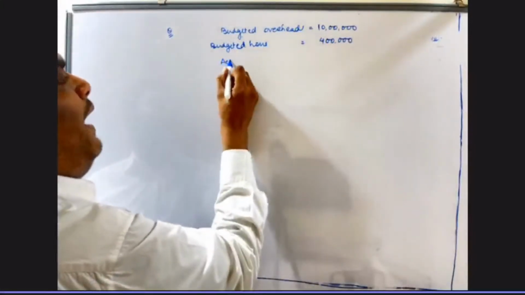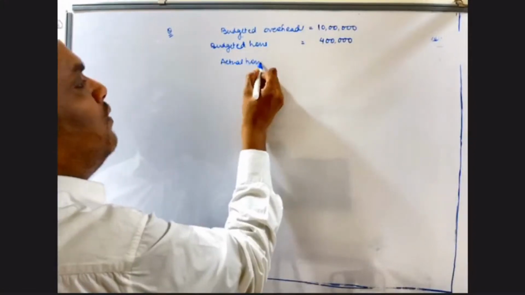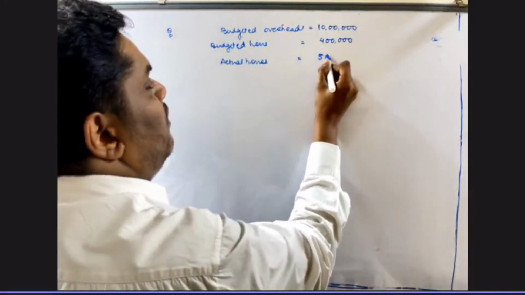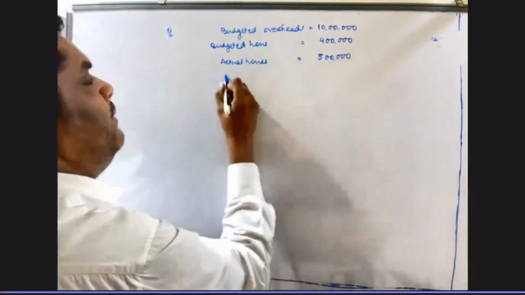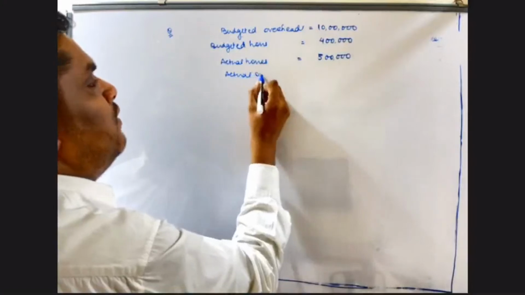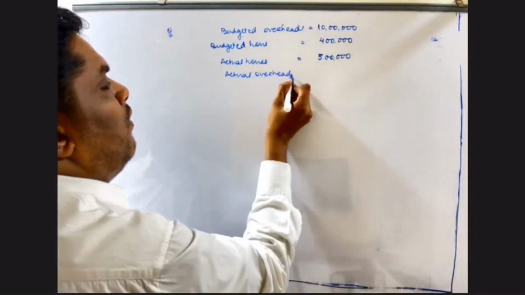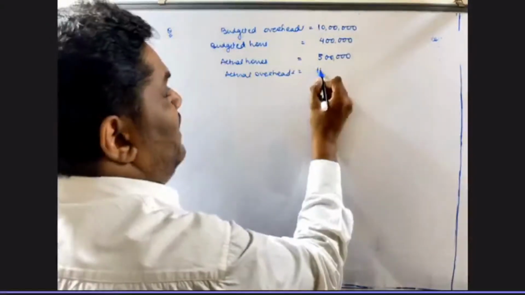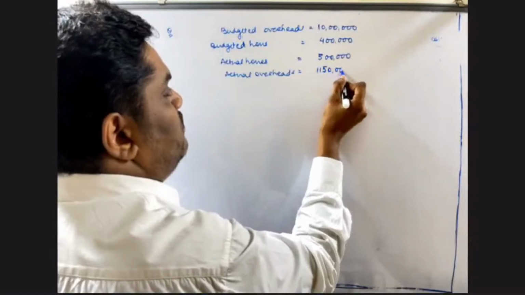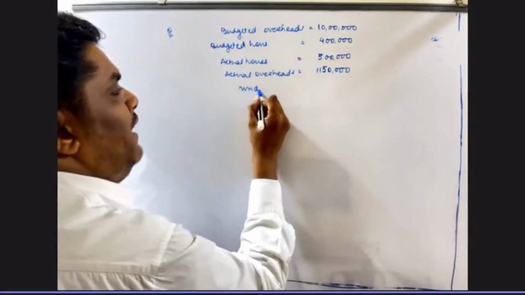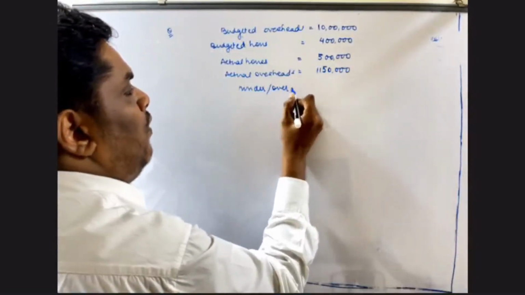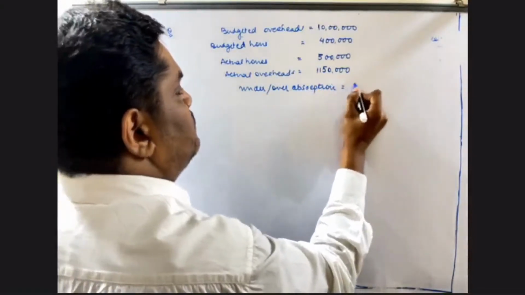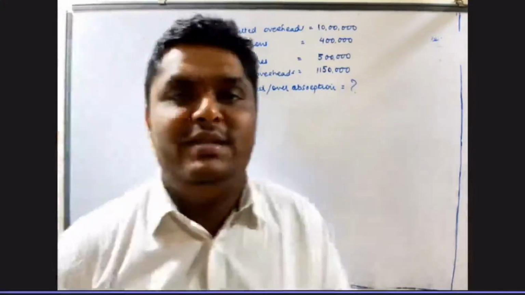My actual hours are 5 lakh and my actual overheads are 11 lakh 50,000. You have to calculate under or over absorption. Waiting for your answers, guys.